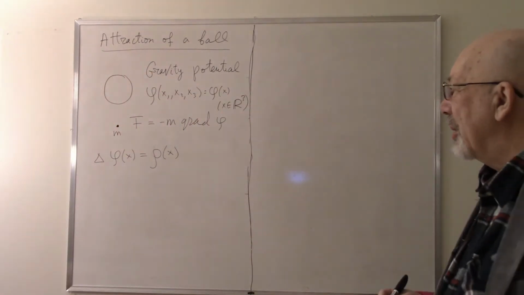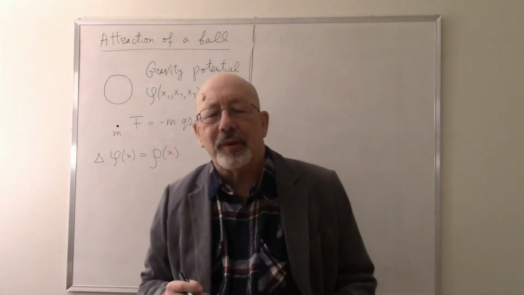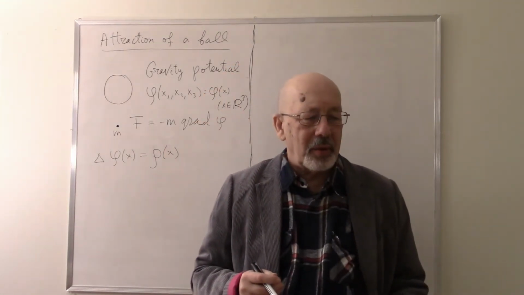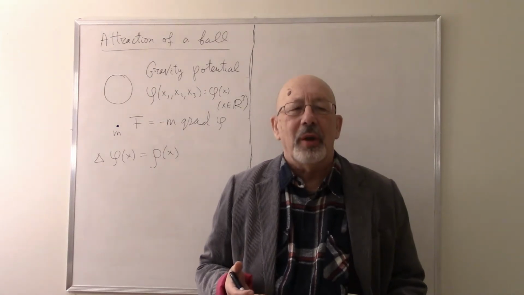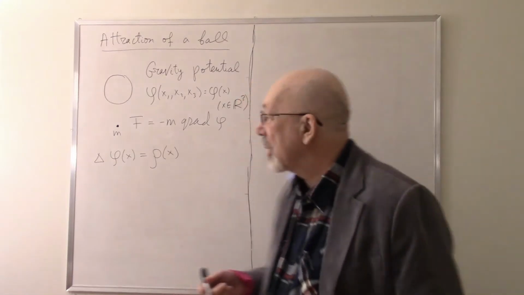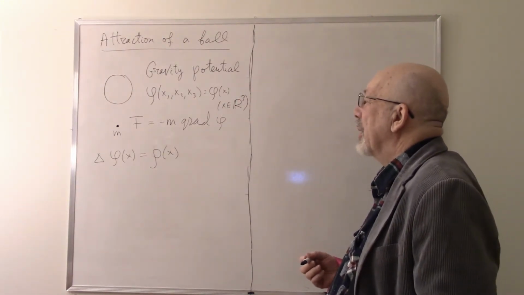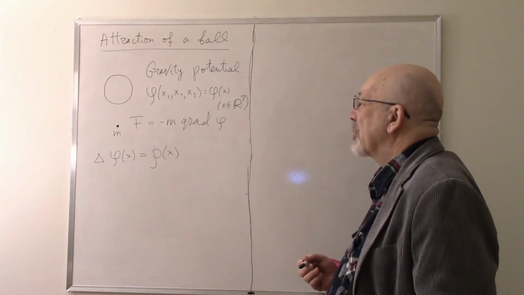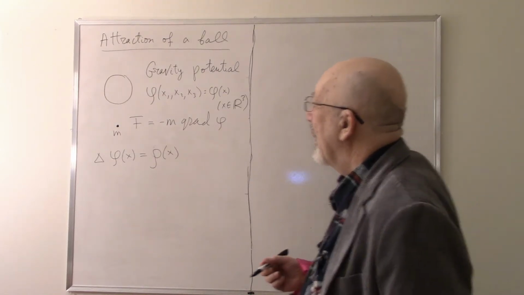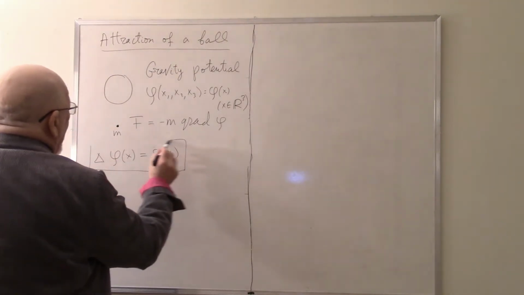In principle there is a constant depending on the units. We can choose the units such that this constant is 1. So we are working in the non-dimensional situation. So we have this equation, which is the Poisson equation.